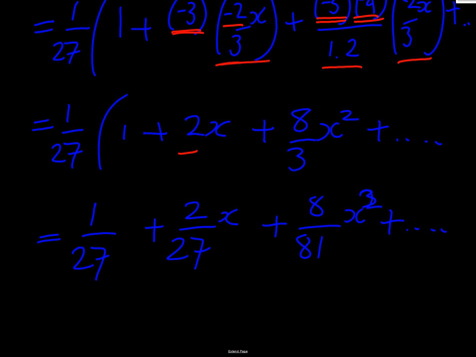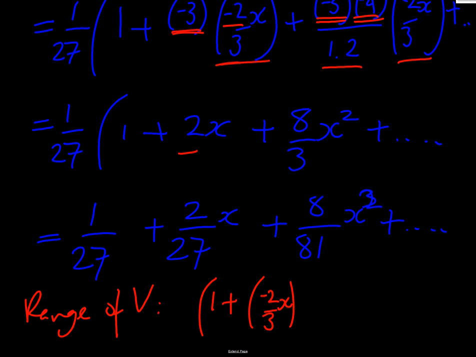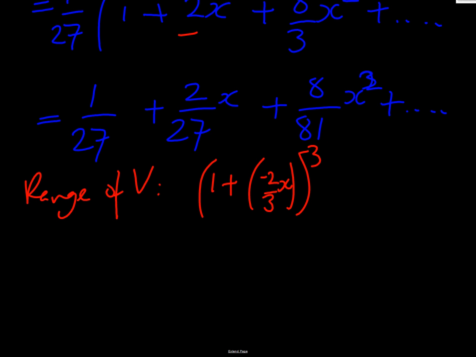Here we go. And again, they're going to ask us for the range of validity. What do we have inside our bracket? We had 1 plus minus 2/3 of x to the power minus 3, and as ever, this only works when this term has a modulus of less than 1.